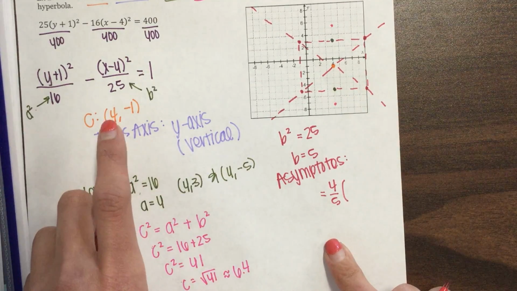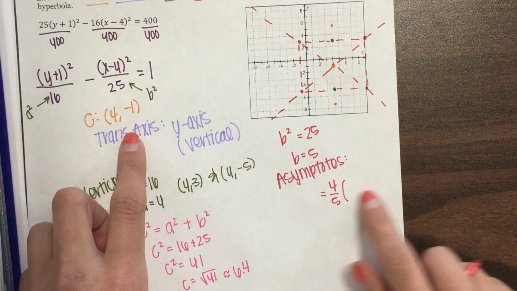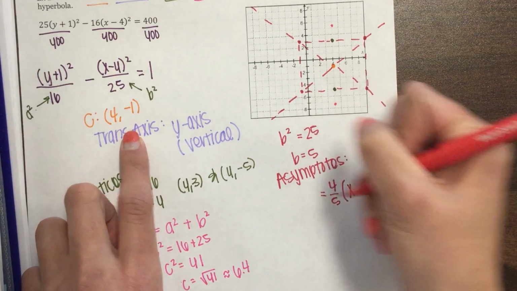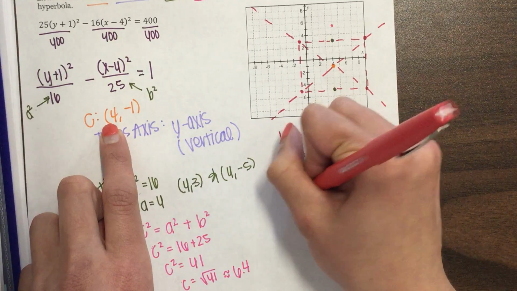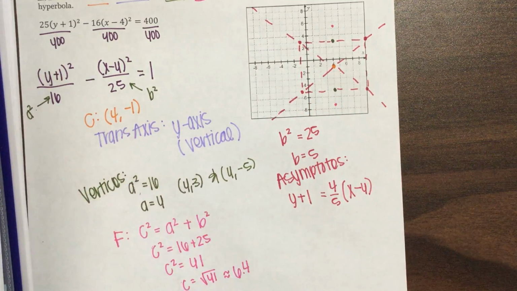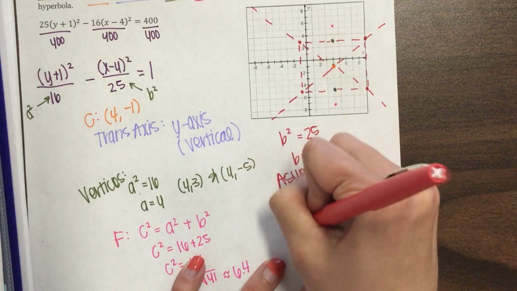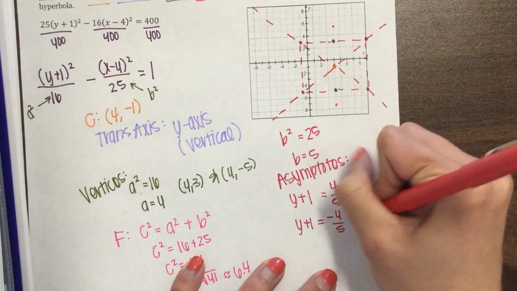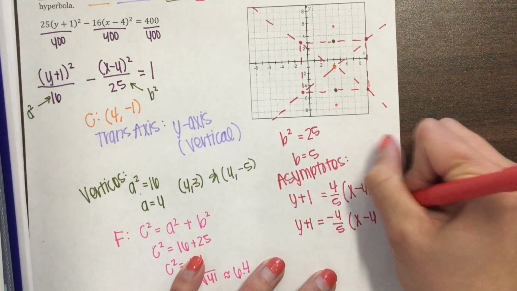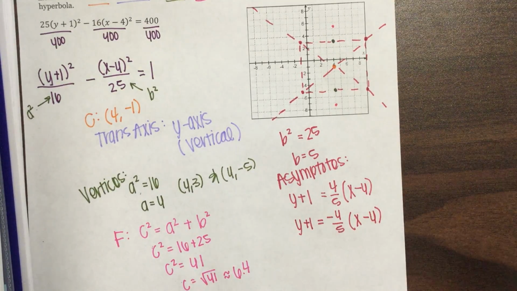But then I'm going to use my center for this, and it's going to be x minus 4, and this is going to be y plus 1. So it's just always the opposite. Always the opposite. And then you have to do the negative also. So that's going to be y plus 1 equals negative 4 over 5 times x minus 4. So you just always do the opposite.